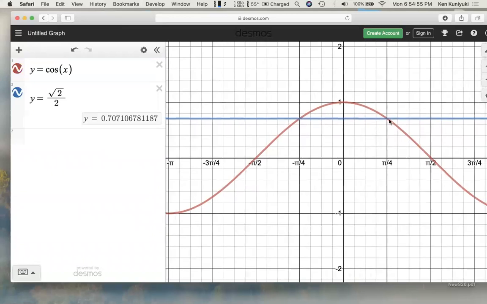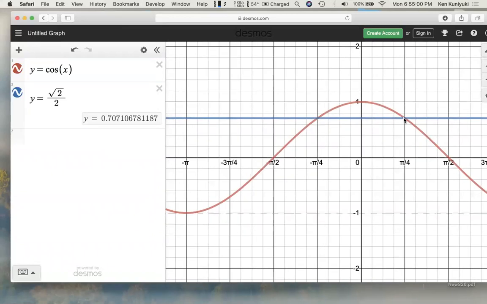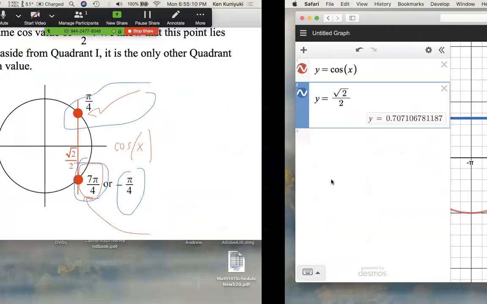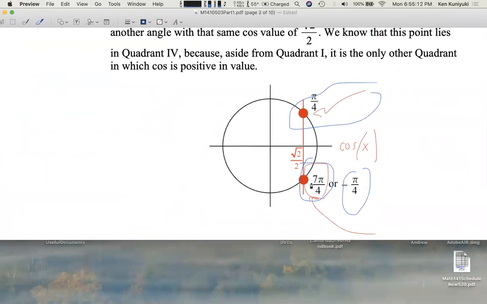I guess you can't keep points labeled if you slide things, but here we have pi over 4, comma, root 2 over 2. Guess what? Here's negative pi over 4, comma, root 2 over 2. Negative pi over 4 was also a solution. Remember, it corresponded to the southeastern point in quadrant 4 as well.